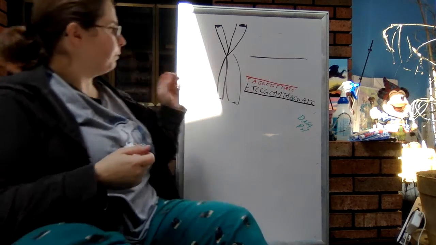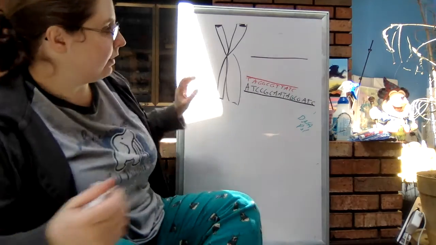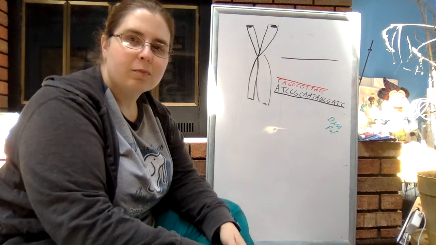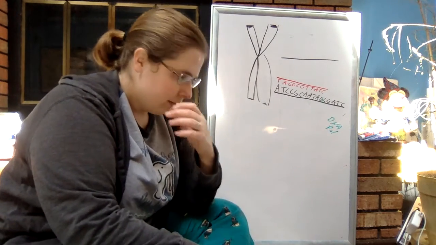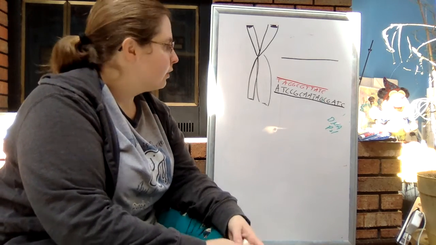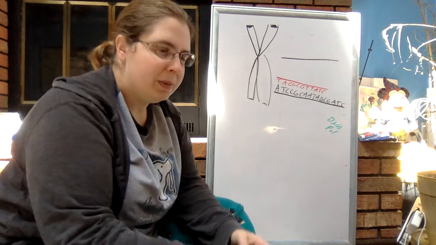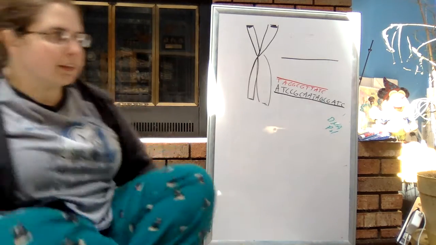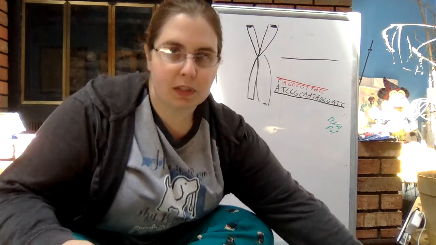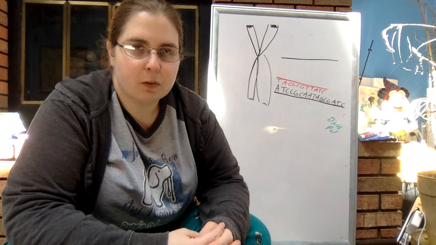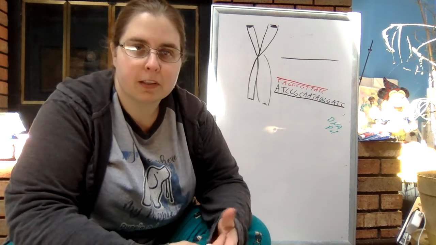And again, the reason for this primarily being that you don't want to lose any essential genes. So these telomeres are made up of long repeating sequences. And what we believe is one of the purposes of these long repeating sequences at the end of the chromosomes is to provide a buffer.